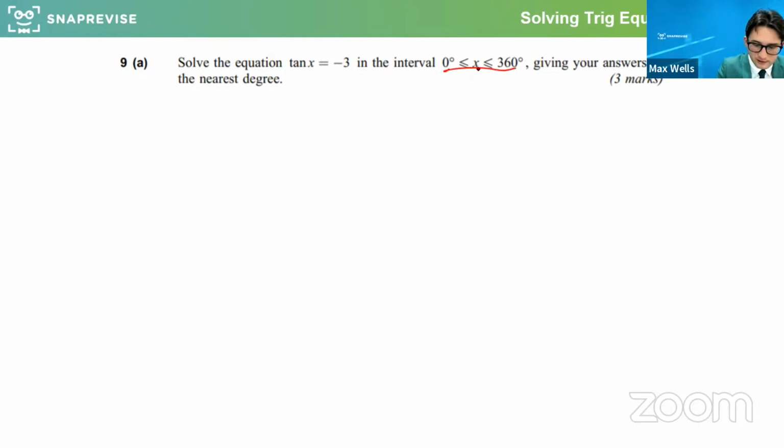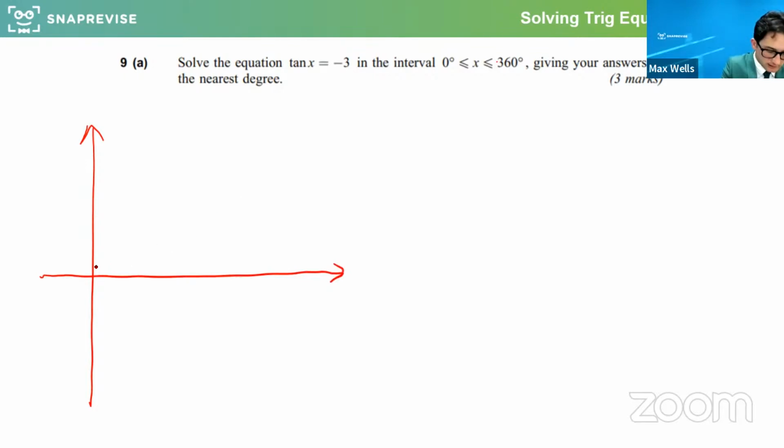From 0 to 360 we're dealing with tan theta equals -3. So I'm going to draw the graph. Obviously feel free to use your calculator straight away. I'm going to do a little sketch so we're all happy with the interval we're looking at. That'll be 180.